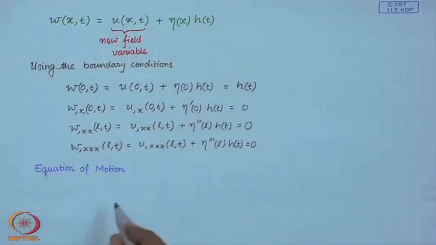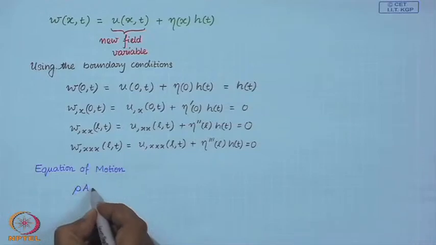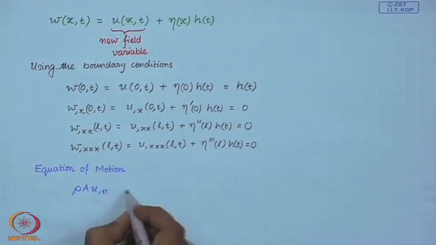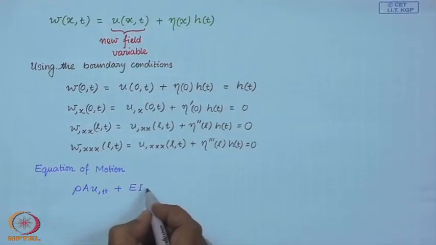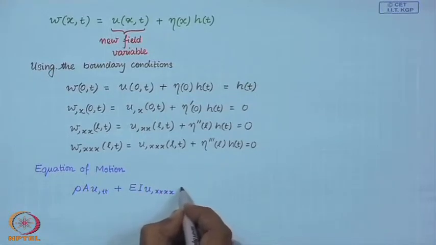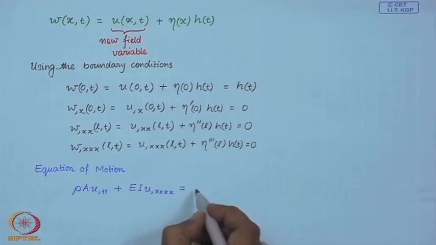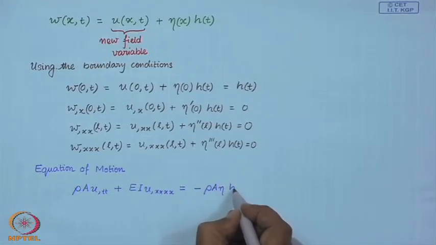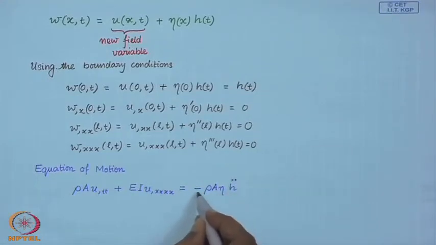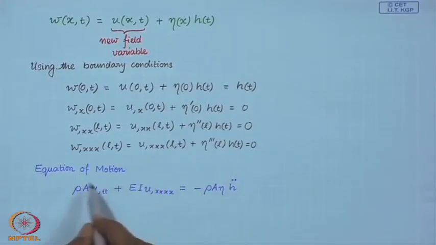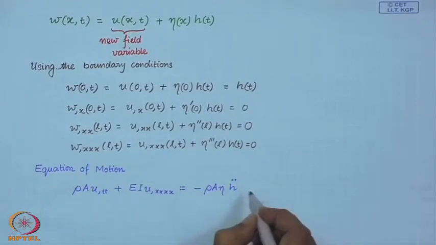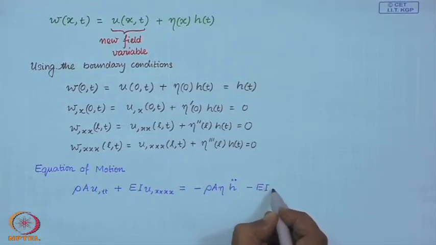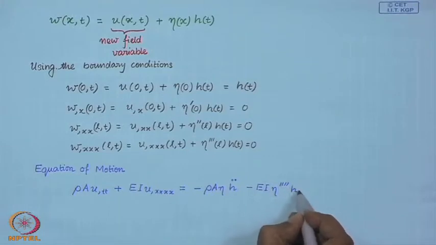If you substitute this in the equation of motion, that is equal to minus rho A eta h double dot, that comes from the inertia term, and similarly this comes from the flexural stiffness term.